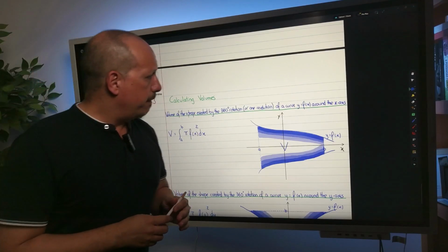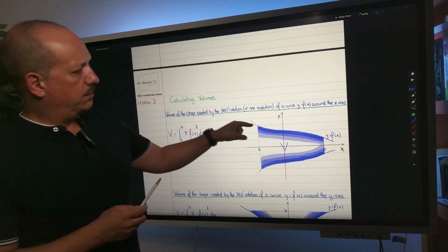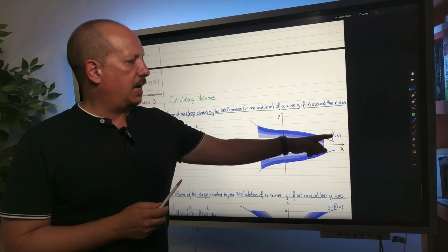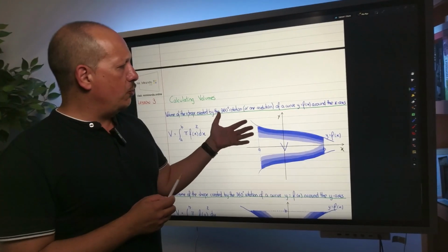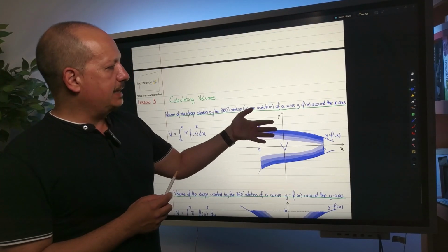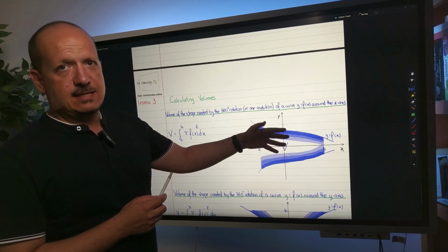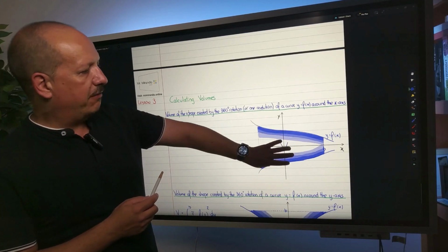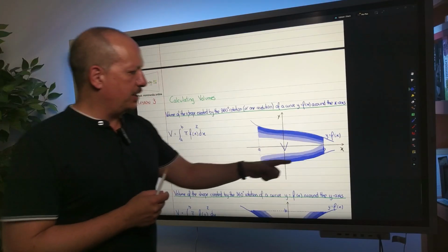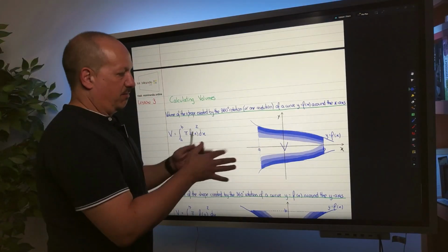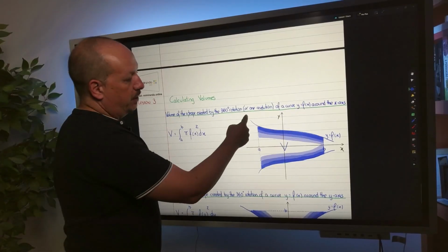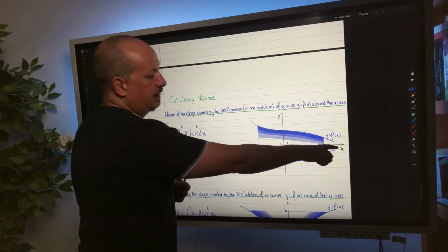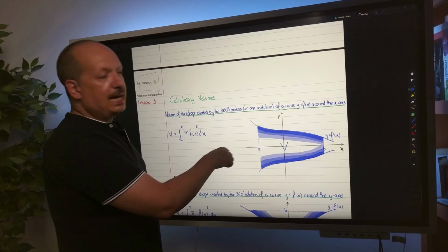Well, if you think that for whatever function f of x represented here, if you could now rotate this around the x-axis, what would you have? I try to represent this with this gradient of colors. For you, it's kind of a rough thing, but the idea is that you imagine this being rotated through the x-axis.